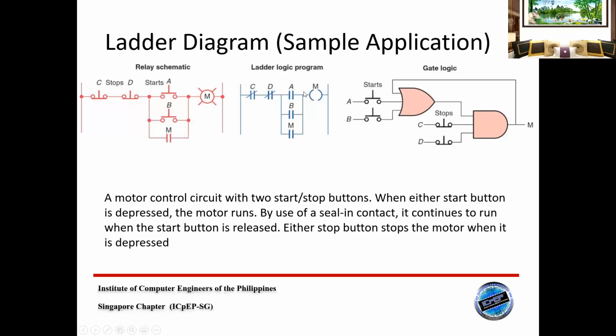If you press A, the motor will start and then our internal relay M will hold that signal so that it will continue. Remember, this is a representation of L1 and L2. To complete the signal, you need to satisfy all these conditions. So this is the logic gate.